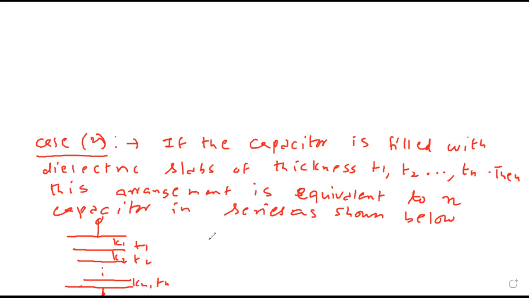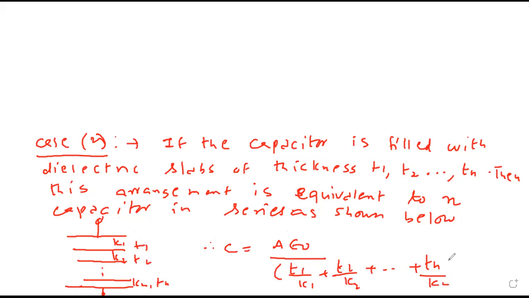Area is same. So capacity C is same area, same epsilon, and this T1 upon K1 plus T2 upon K2 up to Tn divided by Kn. So imagine only two are there of same thickness, d by 2, d by 2. So d by 2 you can take common, ये product upon sum ऊपर हो जाएगा.